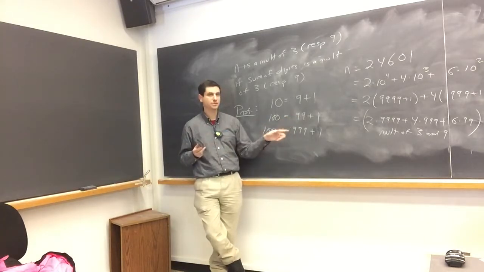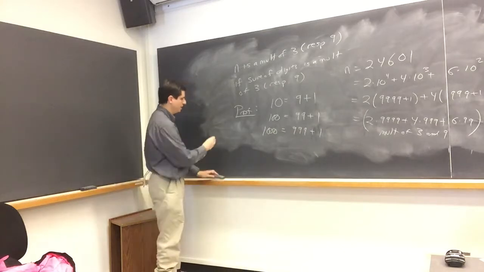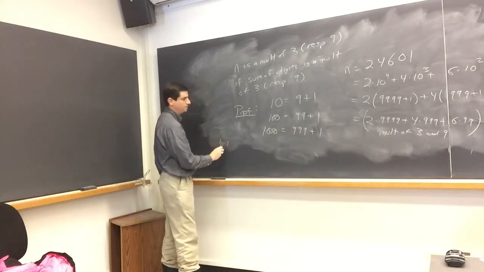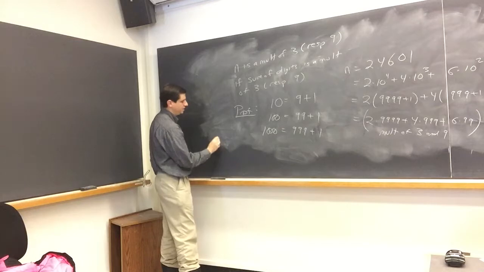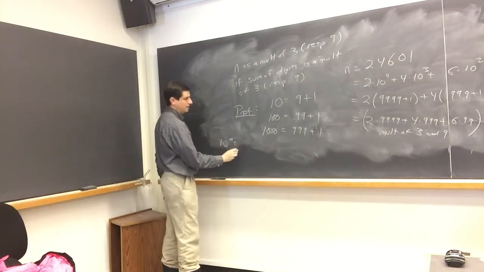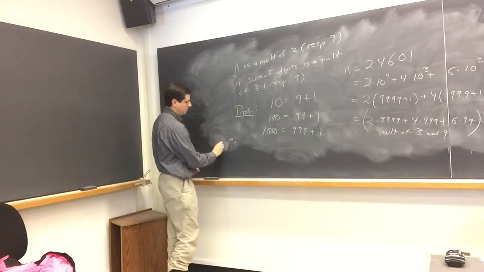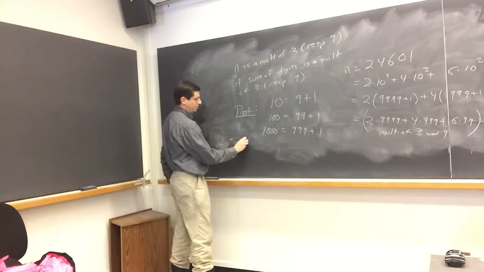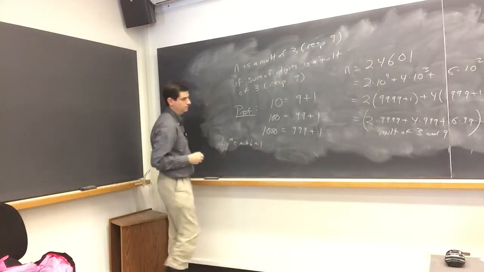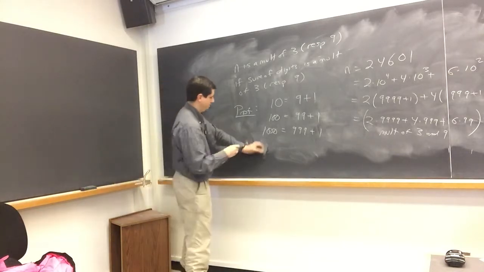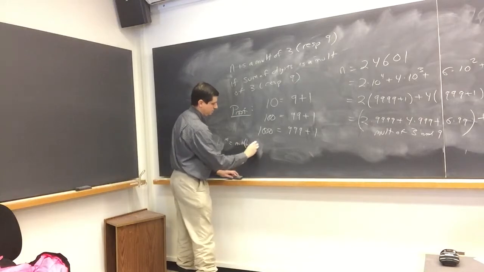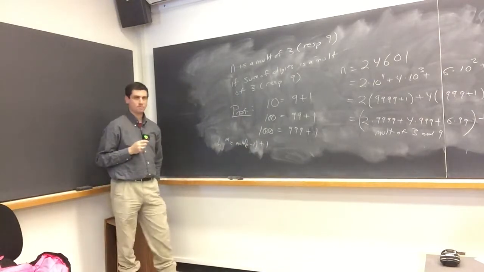I can write 1,000. So the question we want to know is, can I always write b minus 1? I'm sorry. Can I write 10 to the m? Sorry, we're doing it base b. Can I write b to the m as a multiple of b minus 1? Sorry. Plus 1. Yes.